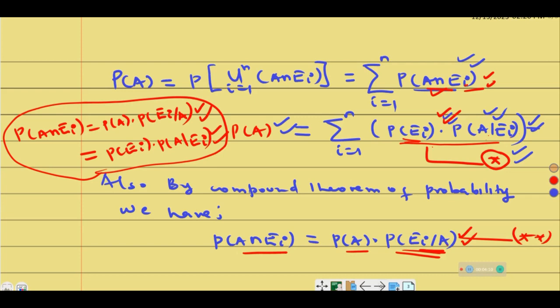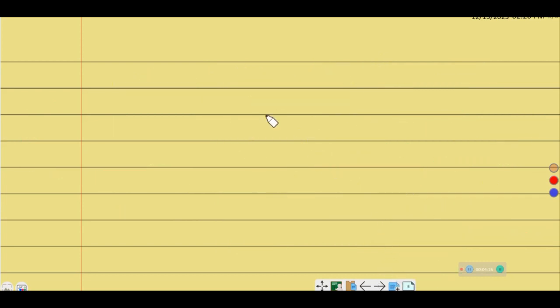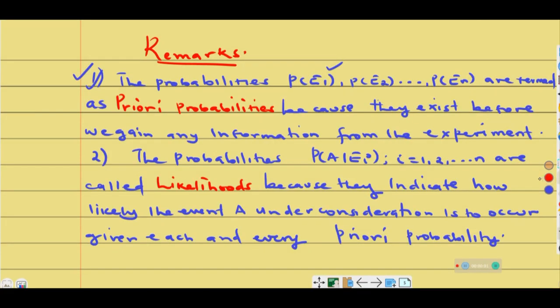Basically, let us look lastly at some of the important remarks that we need to consider when we are dealing with the Bayes theorem. The first one is about the probabilities P of E1, P of E2, P of E3 up to P of En.